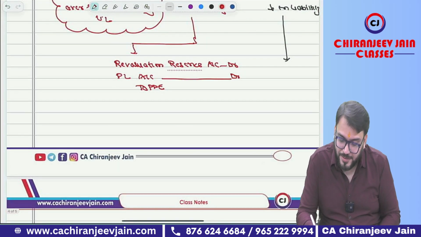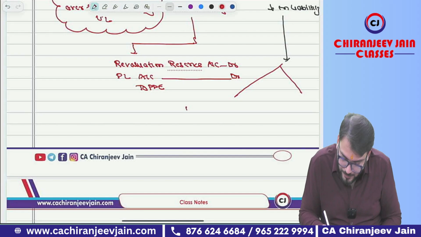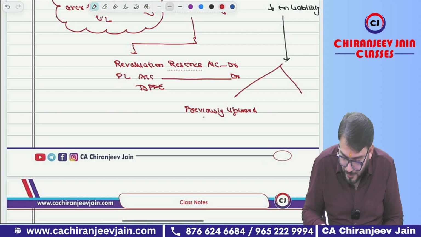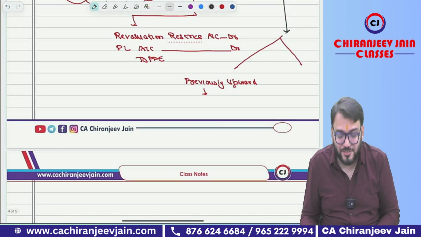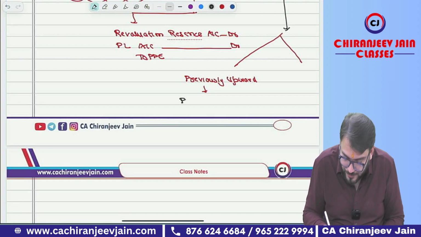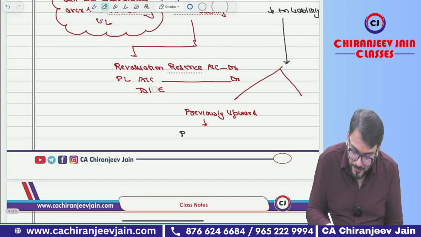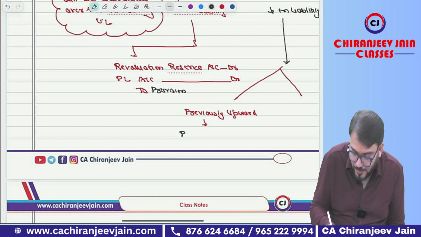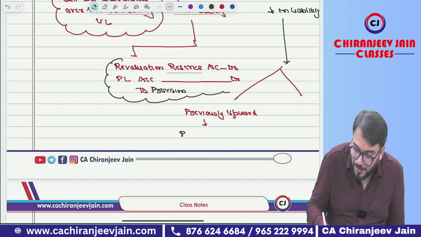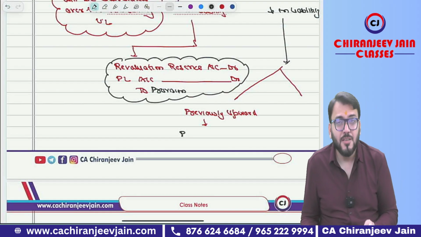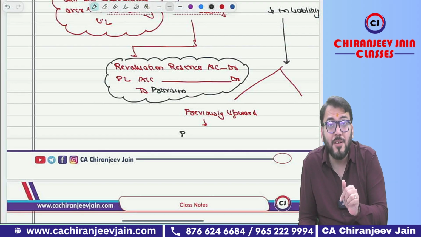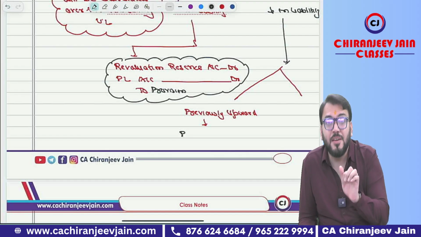Previously upward, that gain will be transferred to revaluation surplus. Sorry, my mistake. Here it will be to provision, because there is a decrease in liability. This will not affect the PP account because it is the revaluation model. We can't affect the PP account because if we do, the fair value will change.